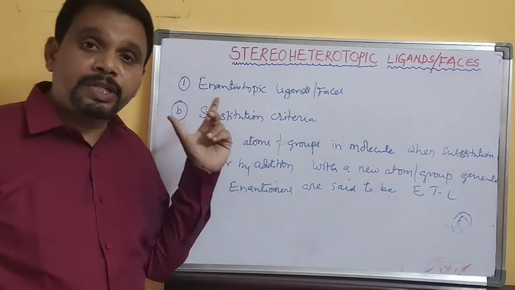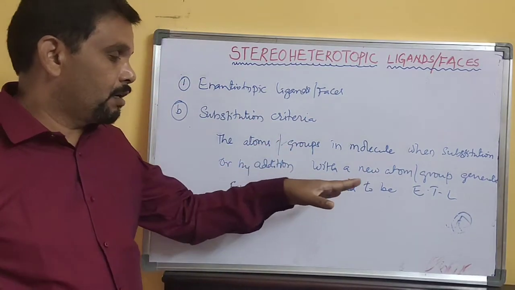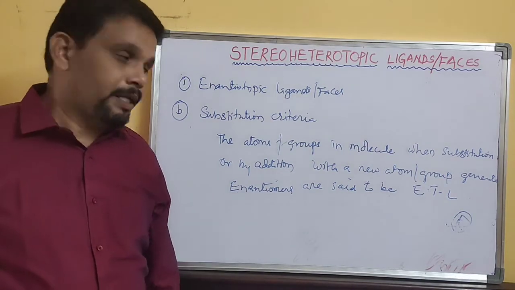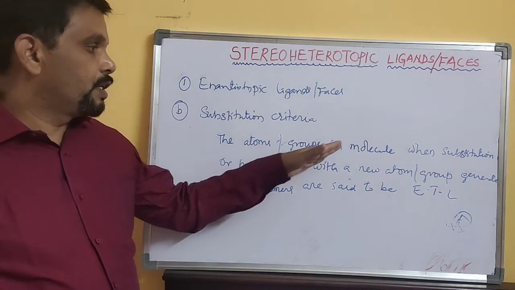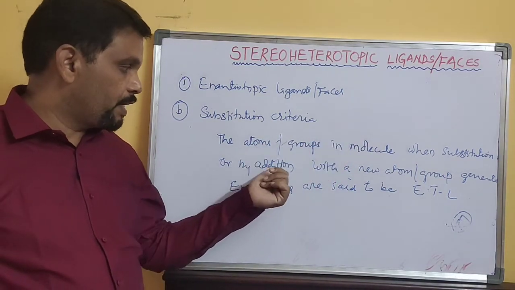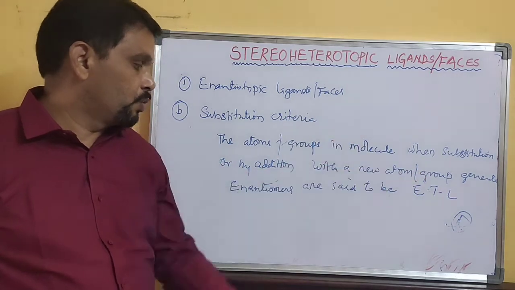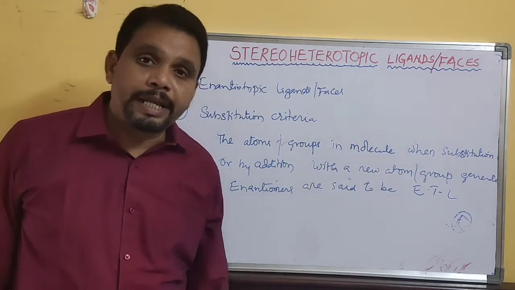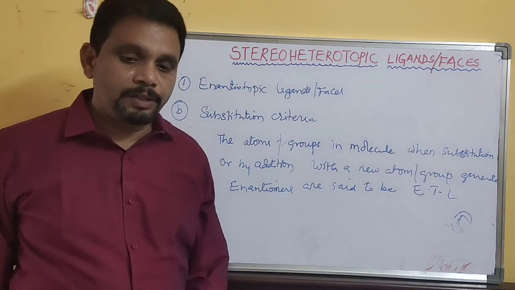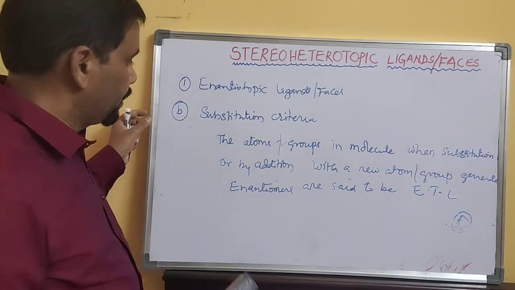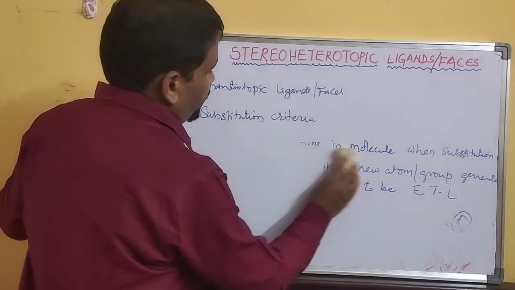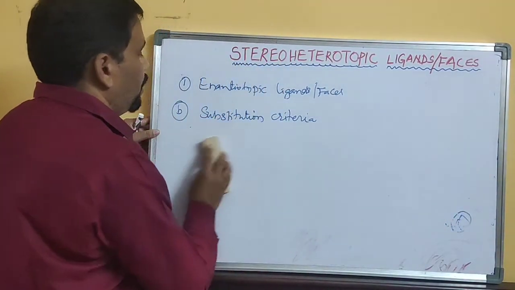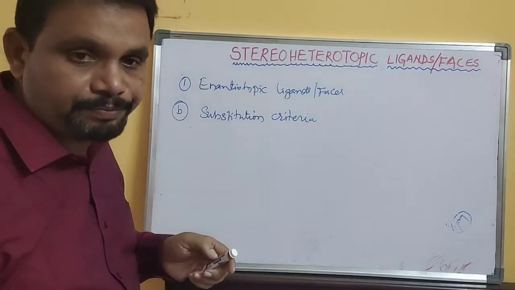According to substitution criteria, we can define enantiotopic ligands like this: the atoms or groups in a molecule, when substitution or addition of a new atom or group generates enantiomers, are said to be enantiotopic ligands. I'll give you examples so that you can understand substitution criteria very well.